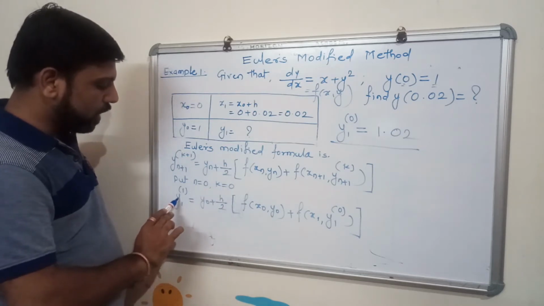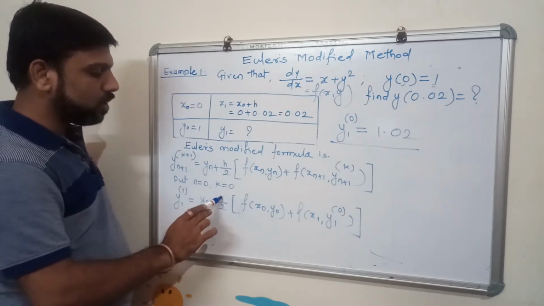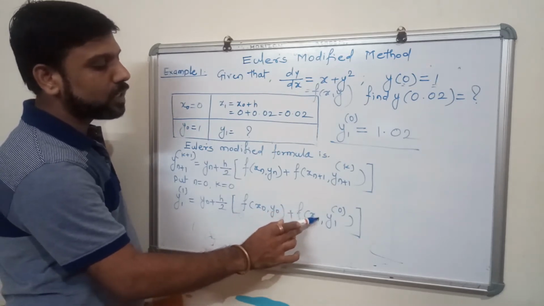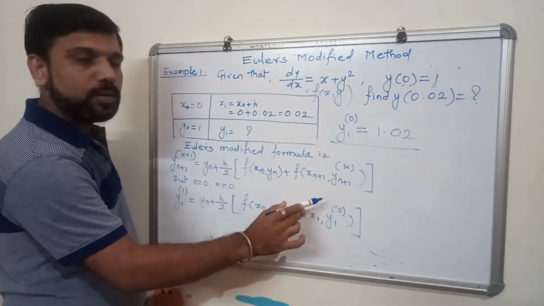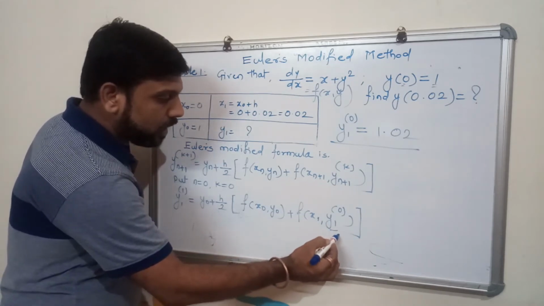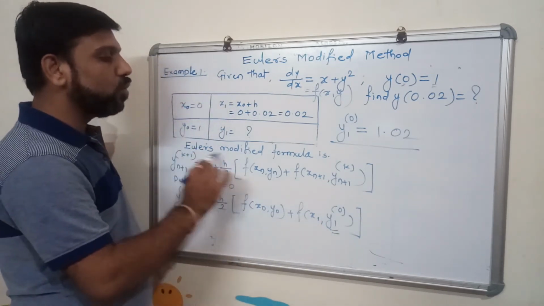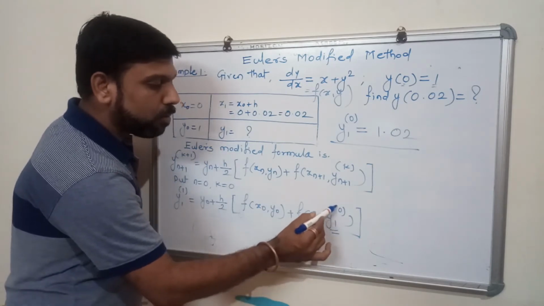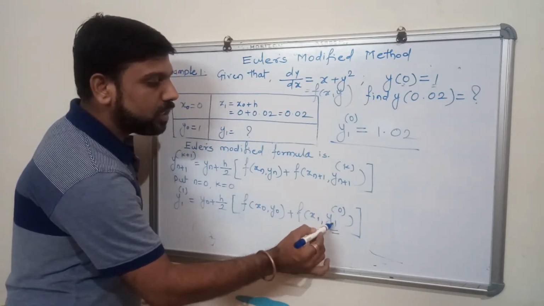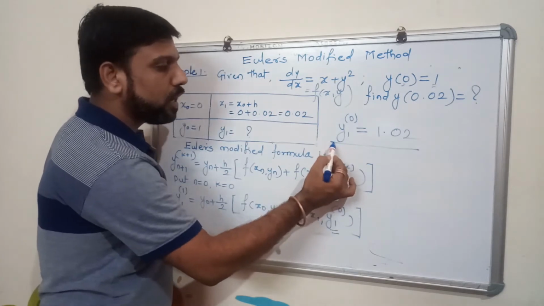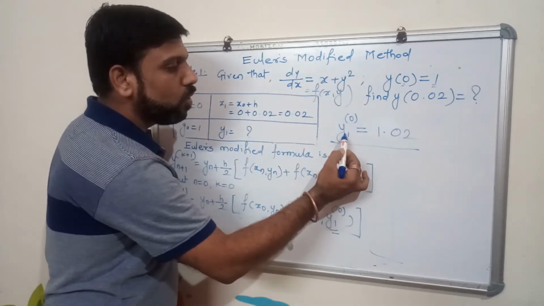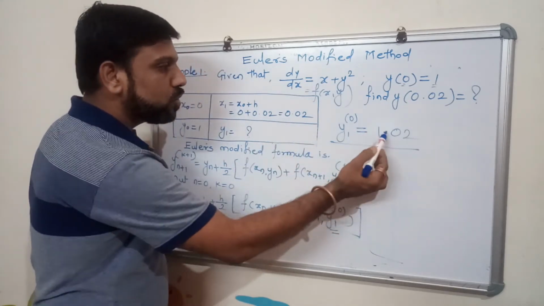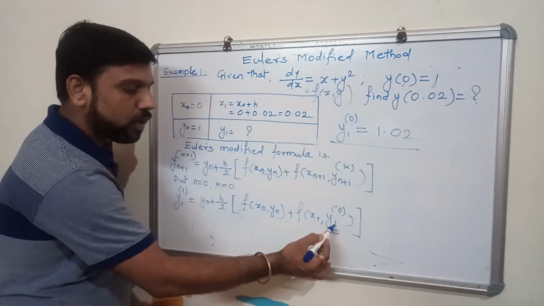So this formula becomes y1^{(1)} = y0 + h/2 [f(x0, y0) + f(x1, y1^{(0)})]. We cannot directly use Euler's modified formula because of this term y1^{(0)}, as this value is unknown. We discussed this value before in part 1 by Euler's formula: y1^{(0)} equals 1.02. So this value is required here in Euler's modified formula.